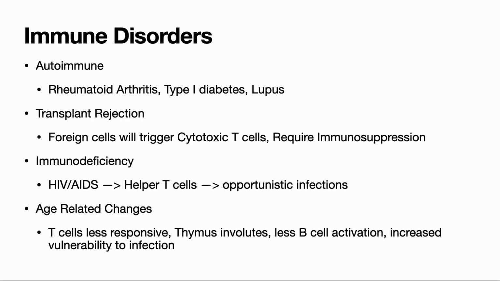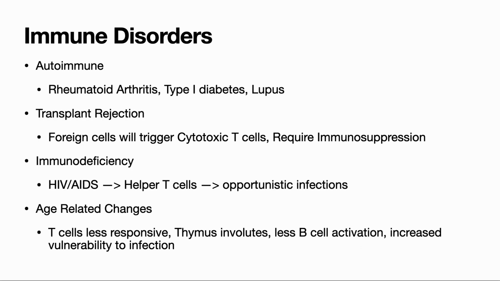I mentioned in class that we have diseases like HIV, which target helper T cells, for example, and so this causes immunodeficiency. So without your helper T cells, you're not able to activate the antibody mediated cascade, which makes it really hard to fight off bacterial infections, and so these patients are more likely to die of opportunistic infections.